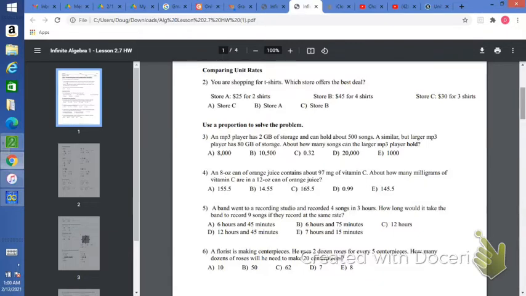Alright, so let's set up a proportion. The first MP3 player has 2 gigabytes and can hold 500 songs, so we're going to write 2 over 500.